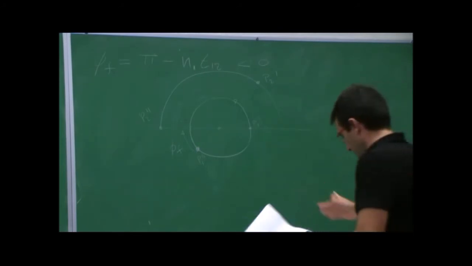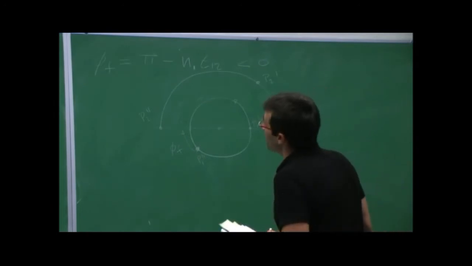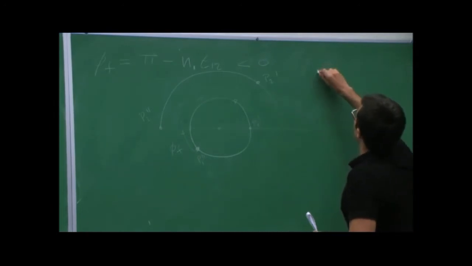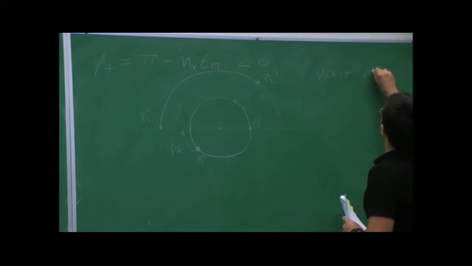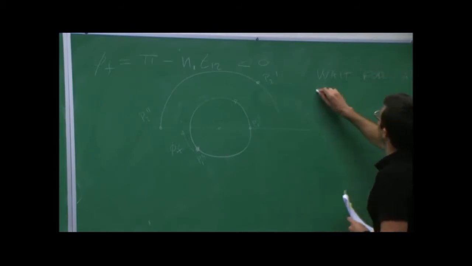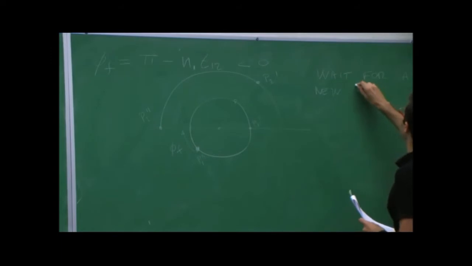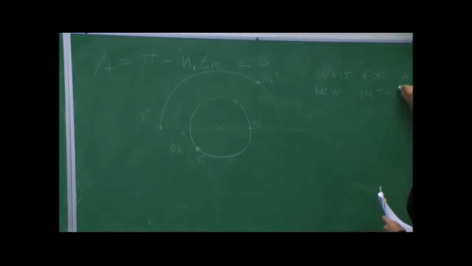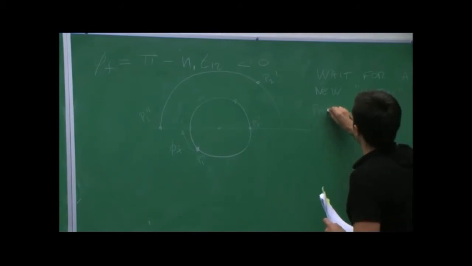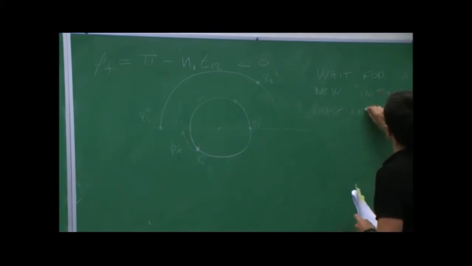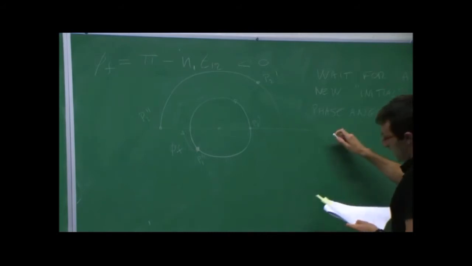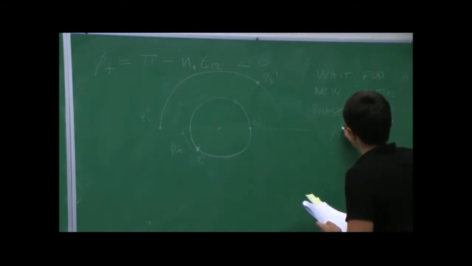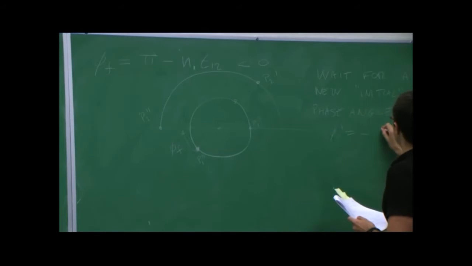In other words, you need to wait for a new, call it initial phase angle. I'm calling it phi 0 prime, and that needs to be minus phi final. Does it make sense?